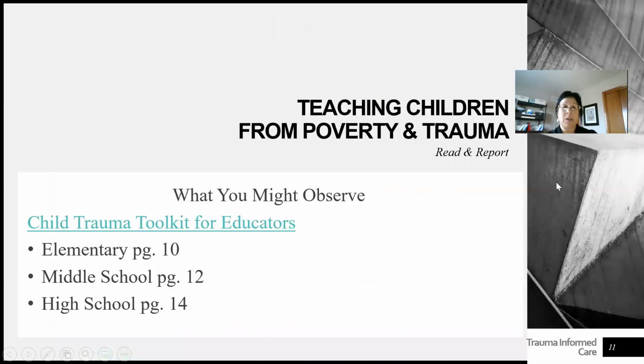So moving on to page 10, you will see that this is one of the two primary resources for this class, and it is the Child Trauma Toolkit for Educators.